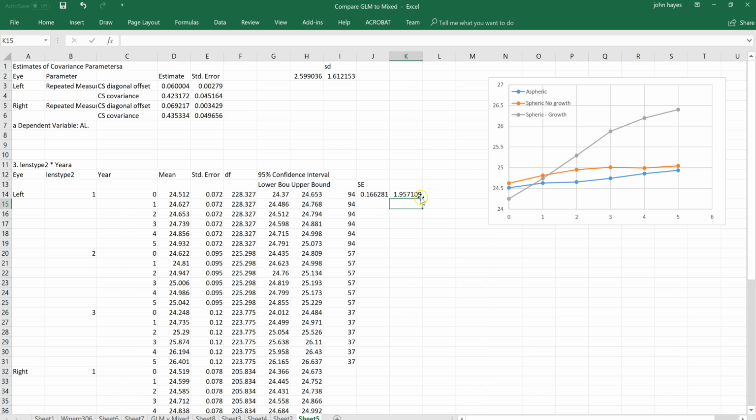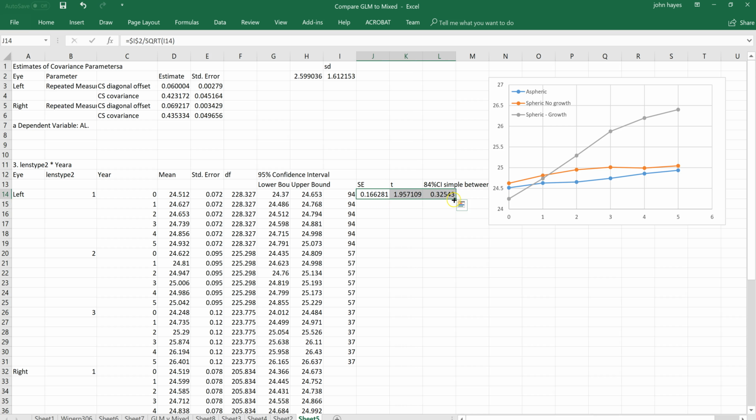It rounds to 1.96, so an 84% confidence interval with 3 groups is essentially the same as a 0.05 rejection. So T times SE is our 84% CI, simple between subjects variable, or confidence interval.